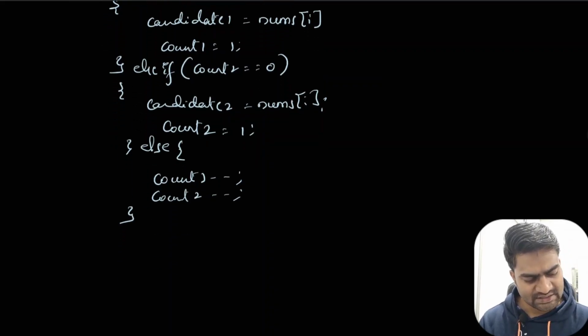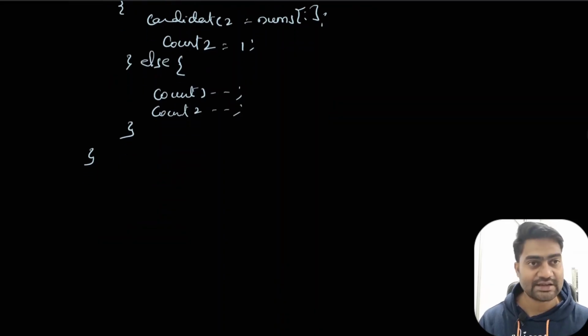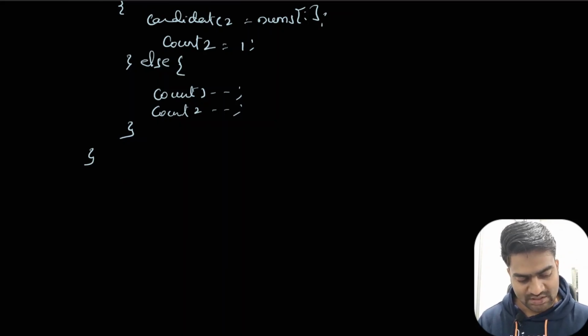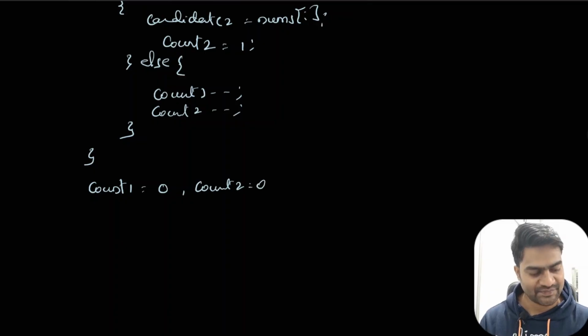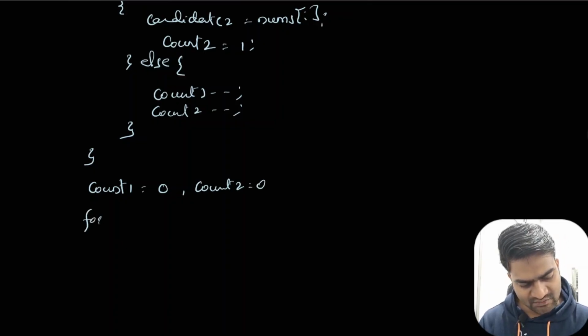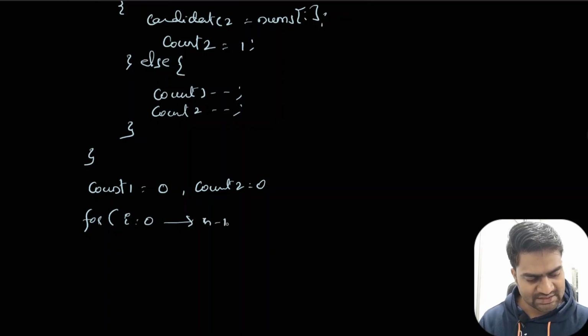Once this is done, we need to make sure whatever candidate 1 and candidate 2 we get are having the required count. So I will reset my count 1 to 0 and count 2 to 0. Then I will use a for loop again, i equal to 0 to n minus 1.